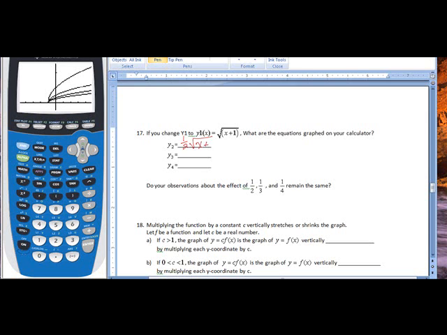Hope you guys are more successful in squeezing in your writing on the lines there. So I think we do see the same changes.